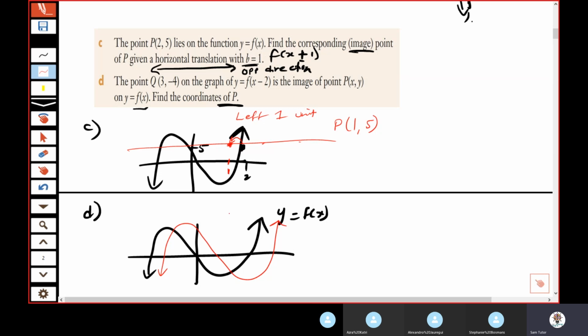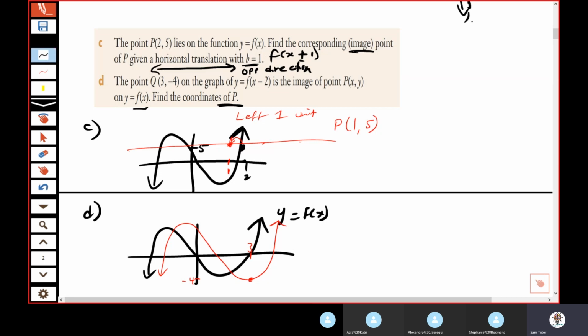The point Q is 3, -4. Let's just say, for argument's sake, we'll go there. That's 3, -4. There it is. We've got to go back this way. So you don't plus 2.